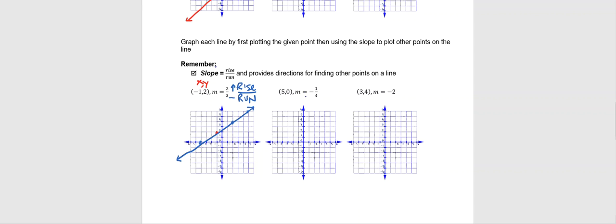So I'm going to have you do the same thing for these other two. Now, I'll spend a little bit of time getting things set up here because in both cases our slope is negative. I don't think you finding the starting point is going to be the issue, but you might get a little confused about the slope. So when we see a slope of -1/4, it means I either have a slope that's -1 over +4. Now think about what that means. The -1 means I can count down, and the +4 for the run means I can count to the right.